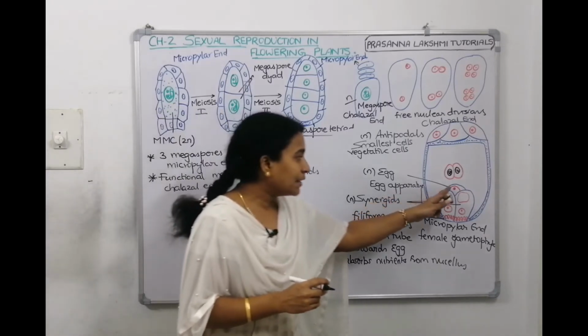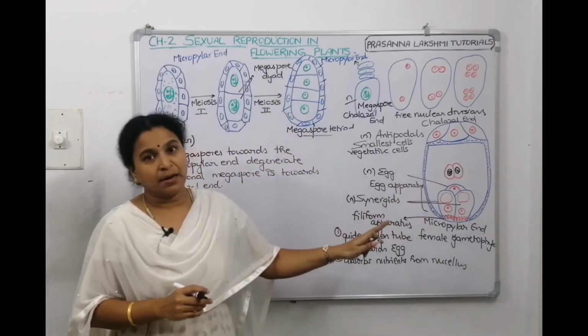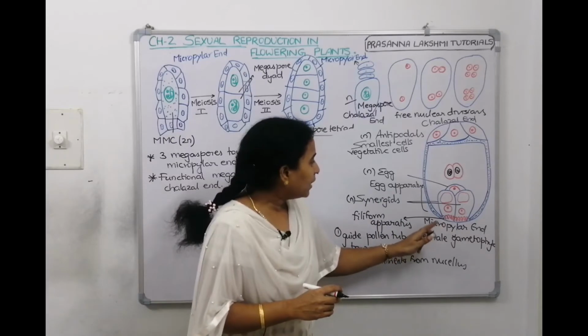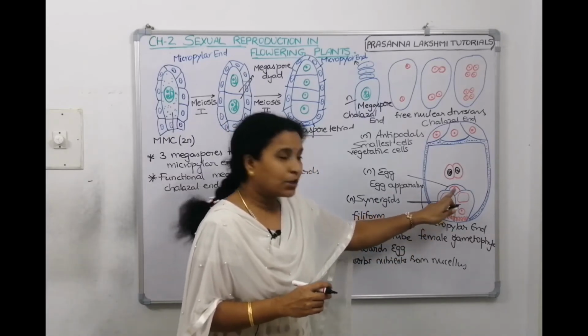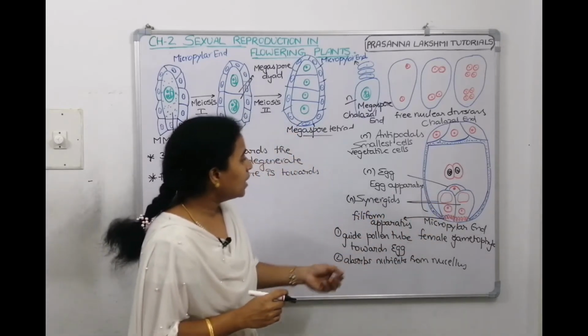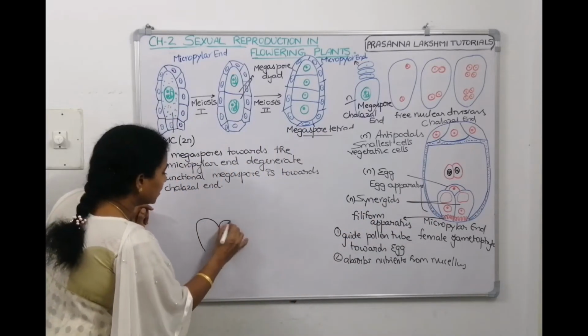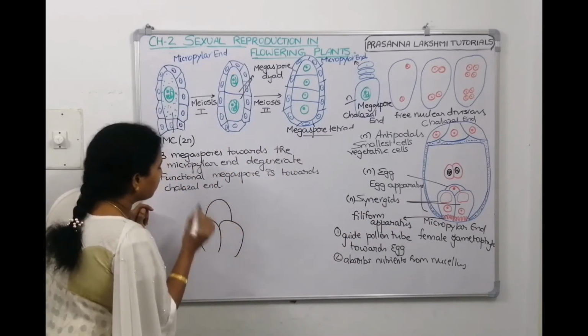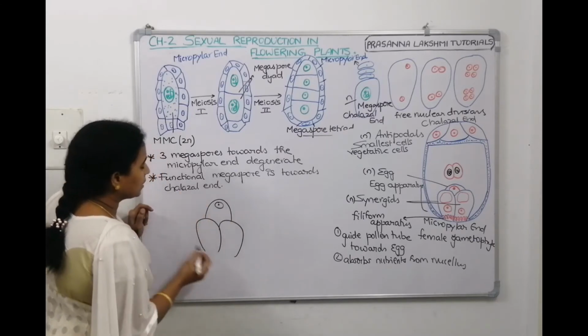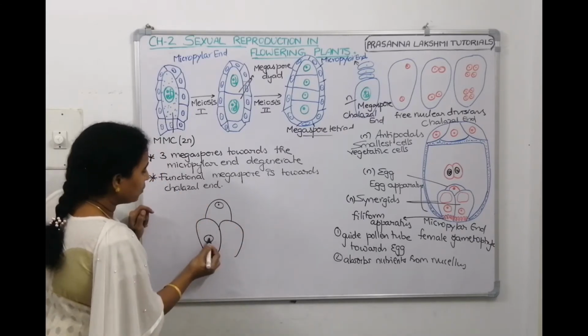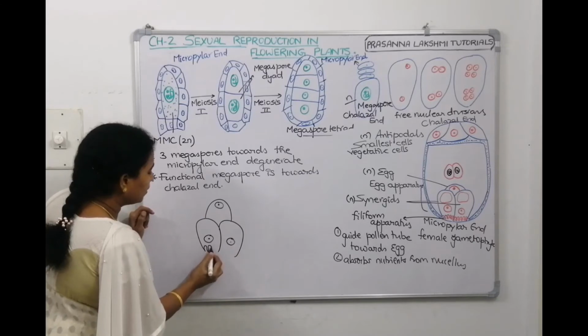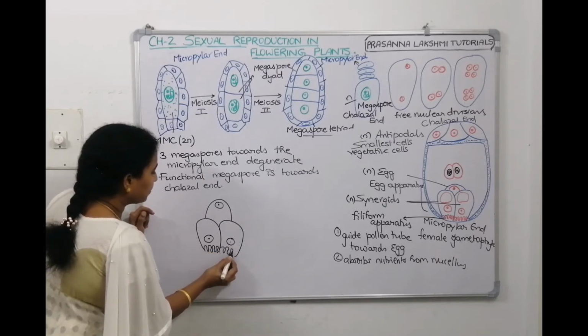Now this is the egg cell. In the egg cell, we have to tell where the vacuole is and where the nucleus is. Now see, these are synergids. We draw the synergids like this, and here we show the egg. In the egg we show the nucleus here, and in the synergids we show the nucleus here, and these are the finger-like projections, right?